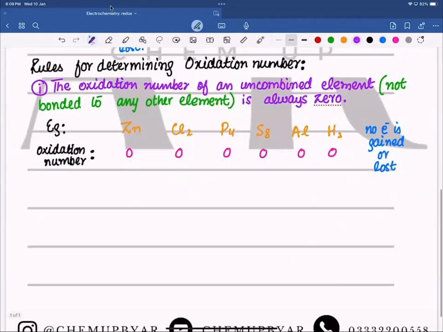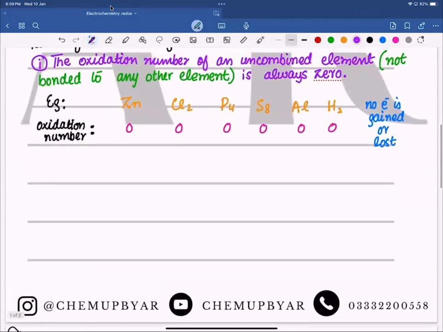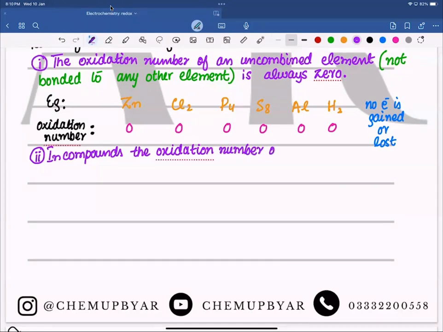Okay, now second point, or second rule. In compounds, the oxidation number of metals is always positive.